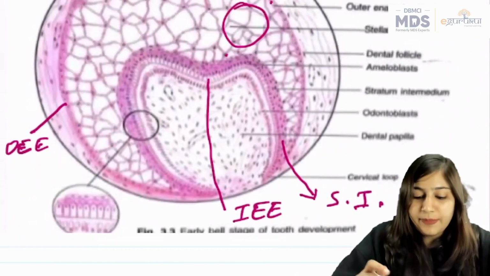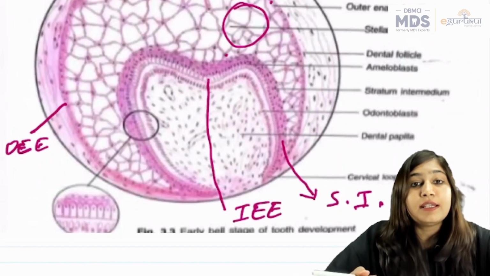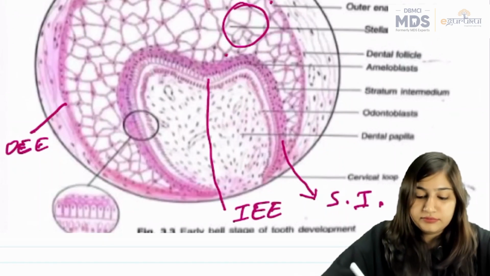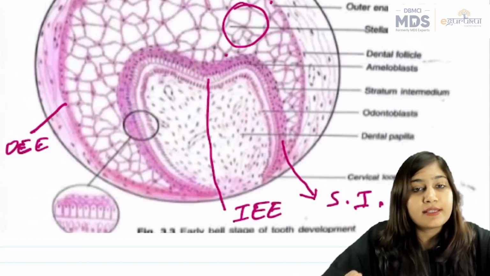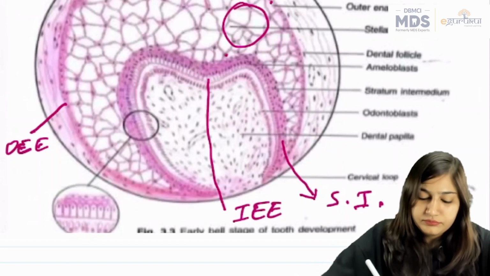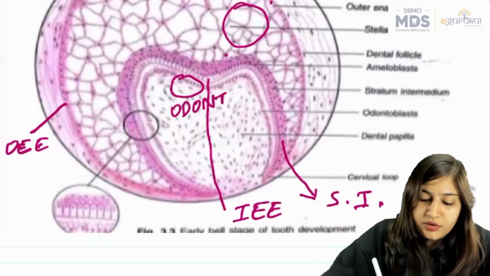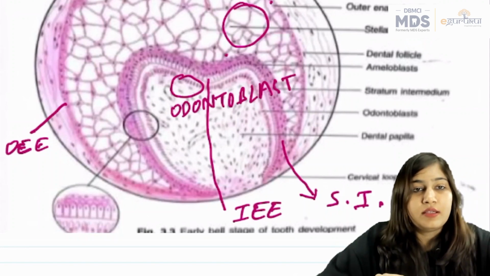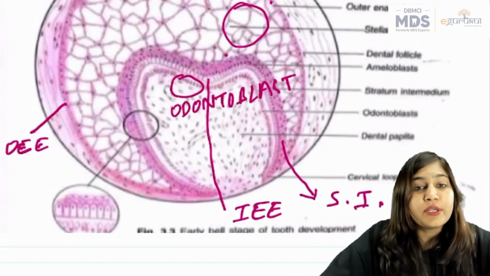The inner enamel epithelium influences the underlying dental papilla cells and they differentiate into odontoblast cells. These cells are odontoblast cells. Under the influence of inner enamel epithelium, they differentiate into odontoblast cells.